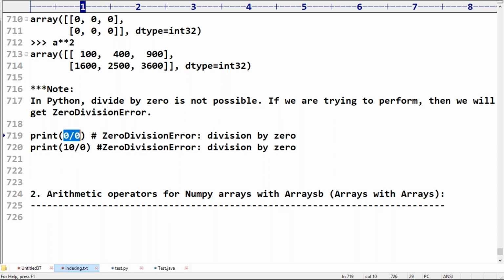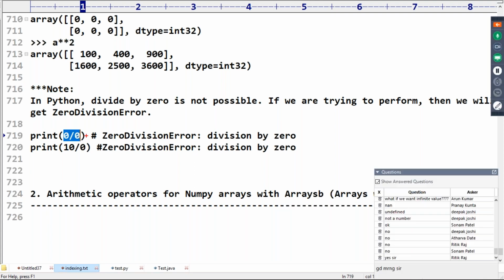Remember this carefully. In NumPy, with respect to arrays, if we perform 0 divided by 0, we are never going to get an error; we will get NaN. There is a small difference between NumPy and normal Python, so take a bit of special care.